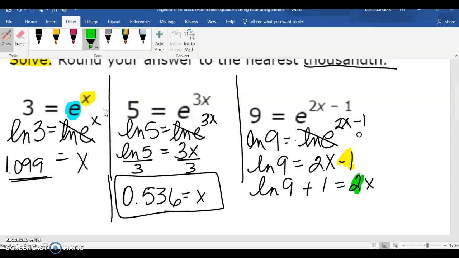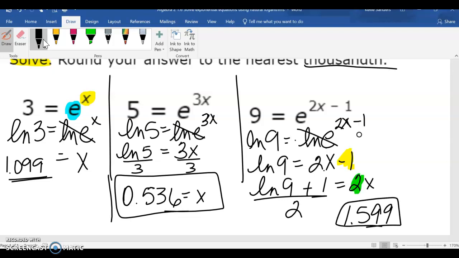Then we're going to divide by the 2 to get x by itself. And you can plug that right into the calculator and do natural log 9 plus 1 divided by 2. 1.599.